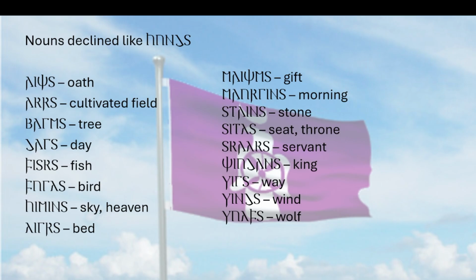Ligrs, bed. Mathms, gift. Maurgins, morning. Stains, stone. Sitls, a seat or throne. Skalks, servant. Thiudans, king. Wigs, way or path. Winds, wind. Wulfs, wolf.